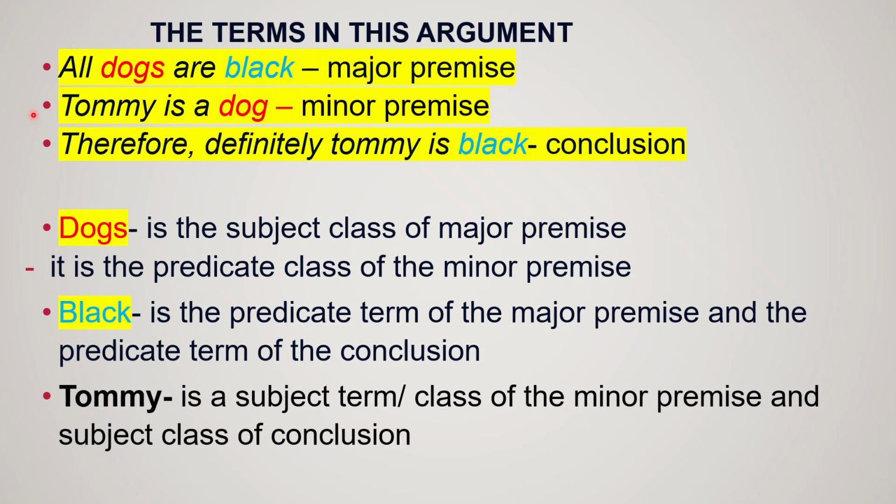But in this kind of argument, there are different terms that we have used. The first one is dog, black, and Tommy. Dog is the subject class of the major premise.